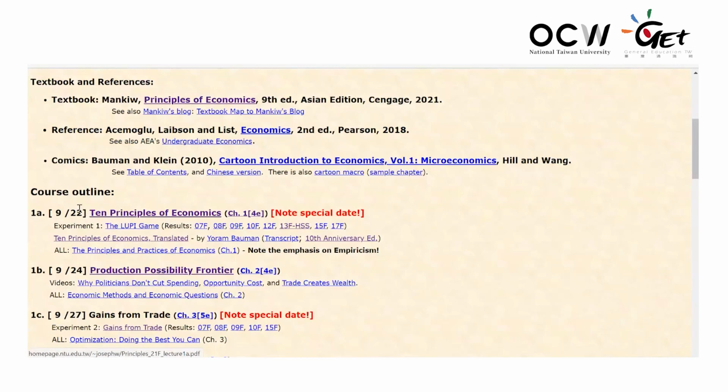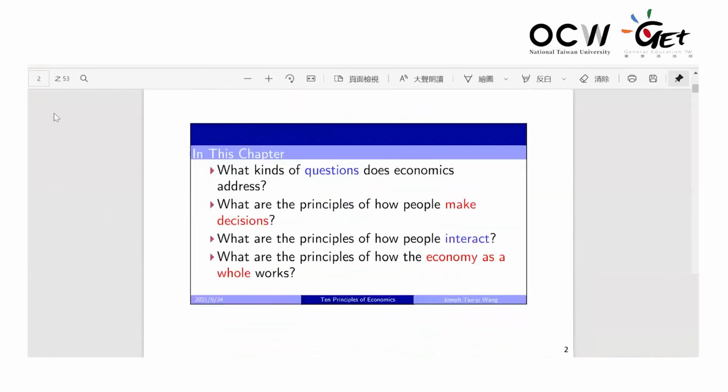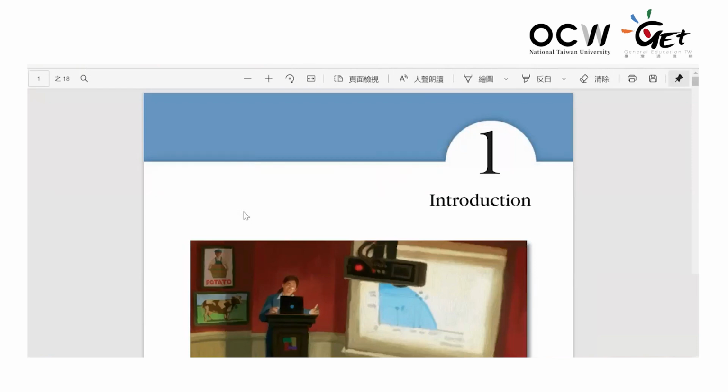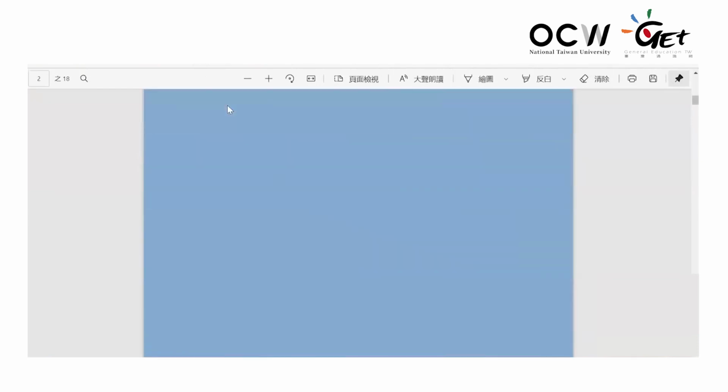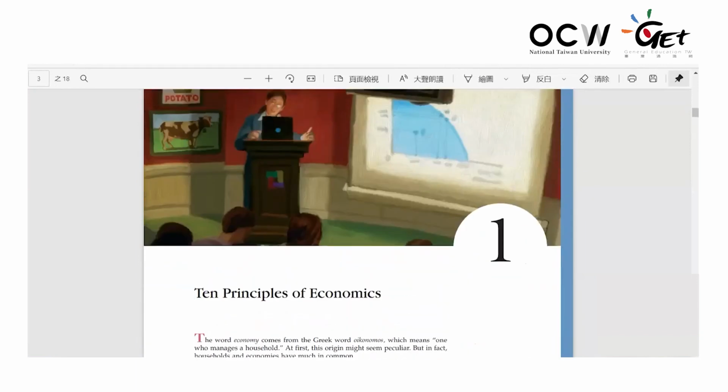And today's lecture, we just finished the 10 principles. So that's this link. If you click on that, you would see my PowerPoint that's printed out here. And in fact, I mentioned there is a publisher's sample chapter. If you click on Chapter 1, this is the actual PDF from Cengage. This is Chapter 1 that they provided as a sample chapter, 10 Principles of Economics.